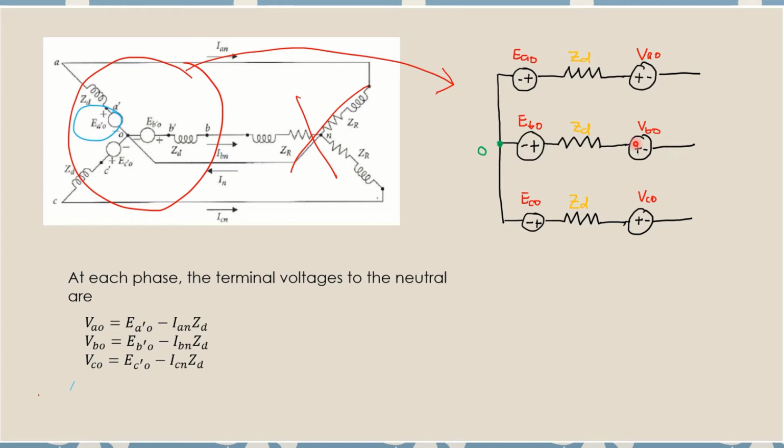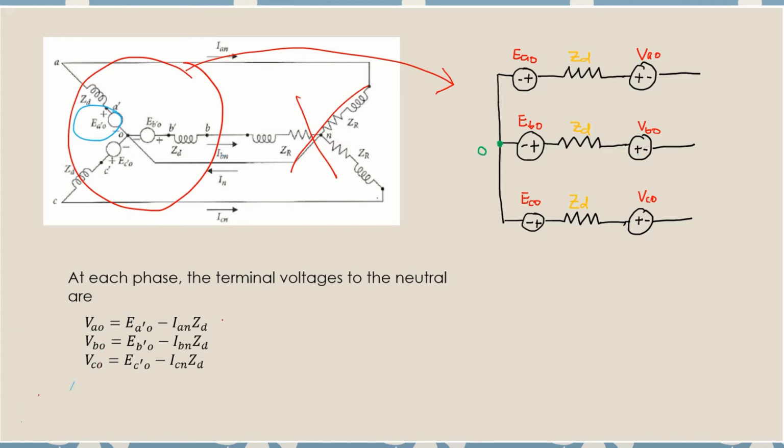VBO is voltage phase B connected to O. VCO is voltage phase C connected to O. So that is VCO. So if you see here, the ZD is the same for each of the phases, and then each of the phases has EA0, EB0, and EC0.